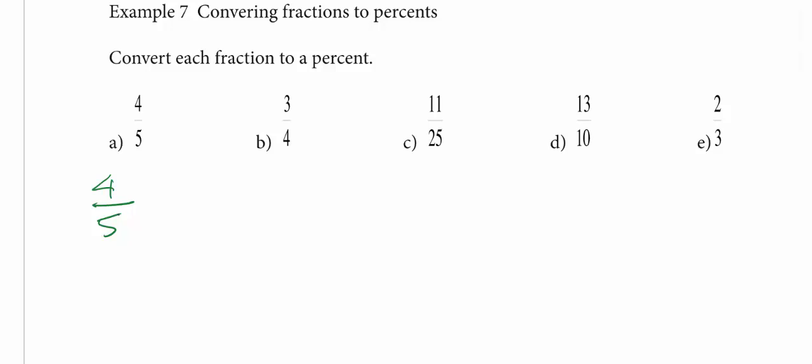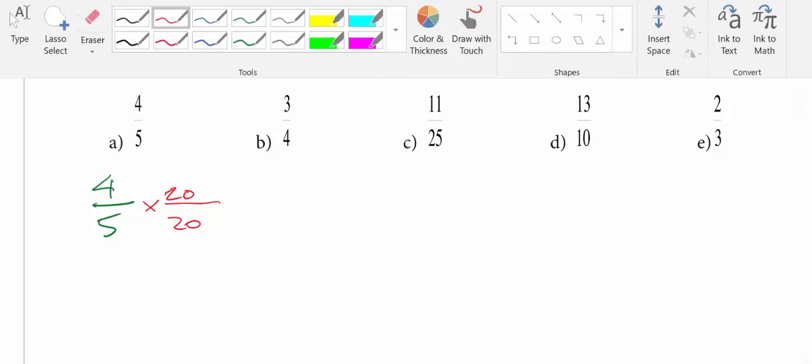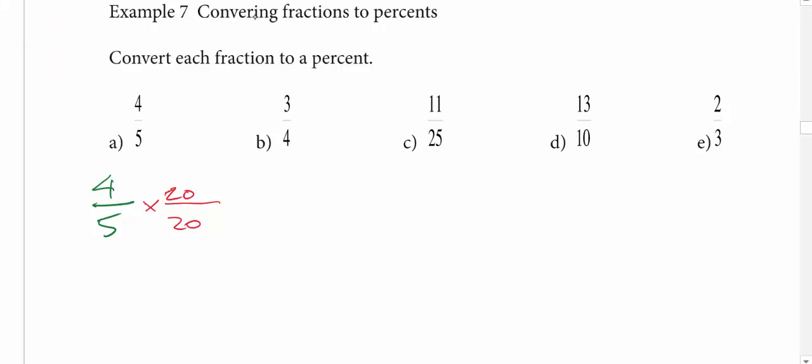The denominator is a 5, so I'm going to multiply the bottom by 20. If I multiply 5 by 20, it'll be equal to 100. But I can't just do that to the bottom, I've also got to do it to the top. So I have 5 times 20 in the bottom, 4 times 20 up top. So that's equal to 80 over 100.